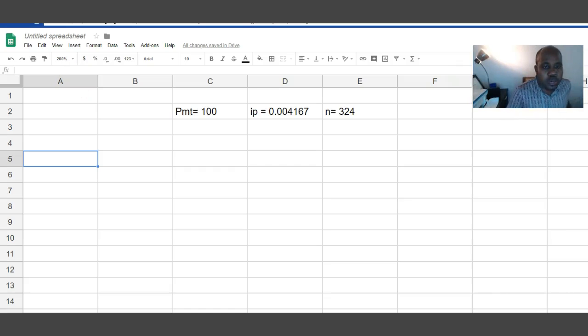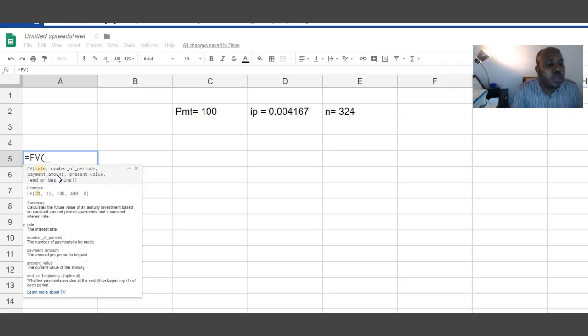Okay, guys, we are right now in Google Sheets. So we're just going to call the function future value. So we just put the equal sign and then FV, right? Caps lock FV. There it is. We got future value. Okay, so we need the rate. What we call the rate, it's the interest per period.